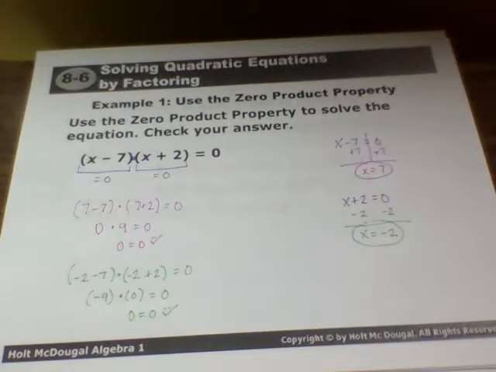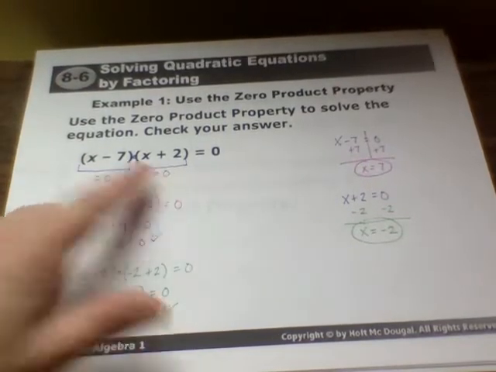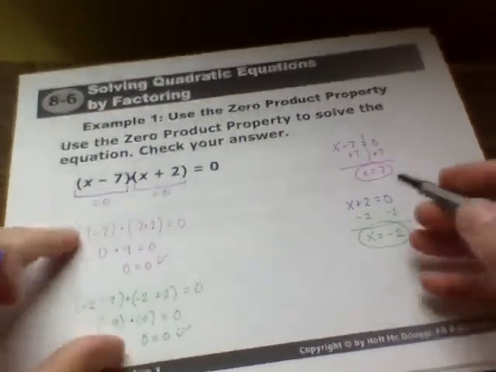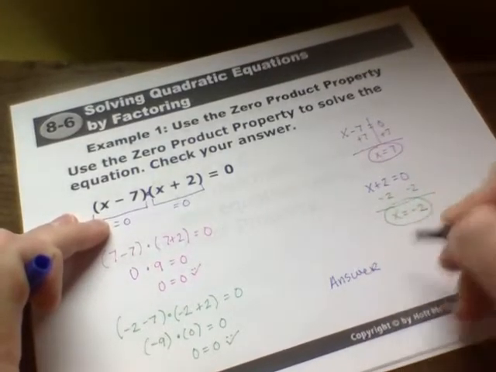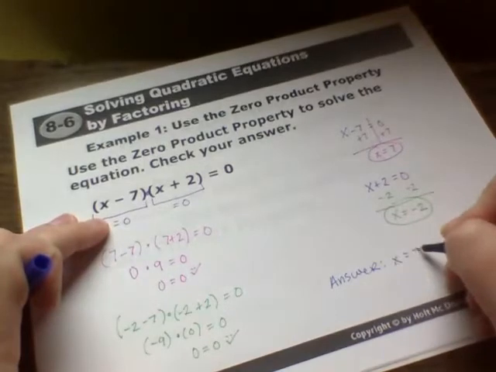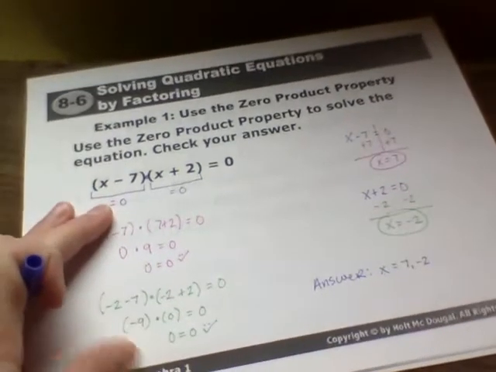One quick way of understanding how to get this is to really just look at your factors, which we have up here, and do the opposites. So your answer is that x could equal 7 or negative 2.